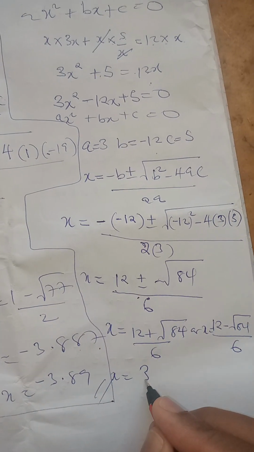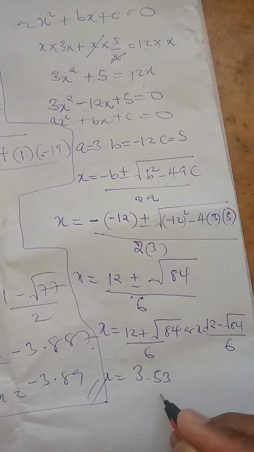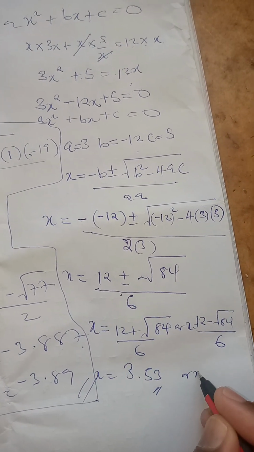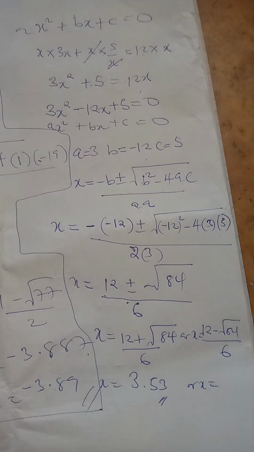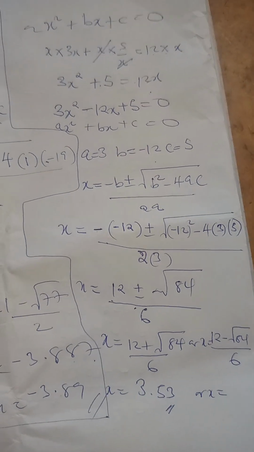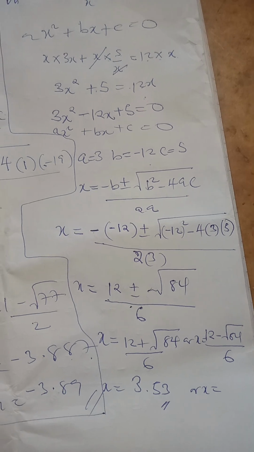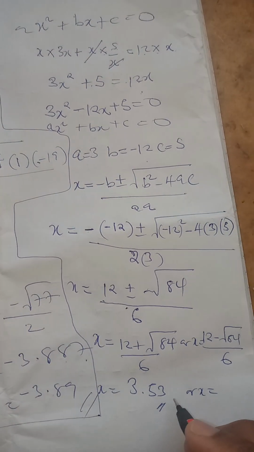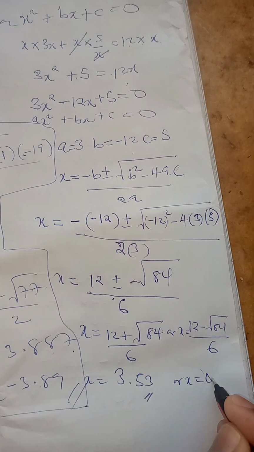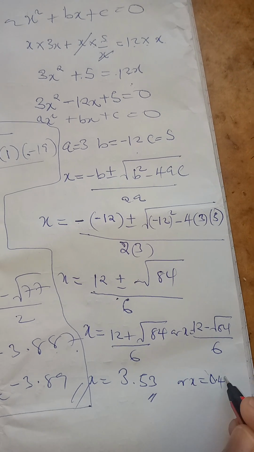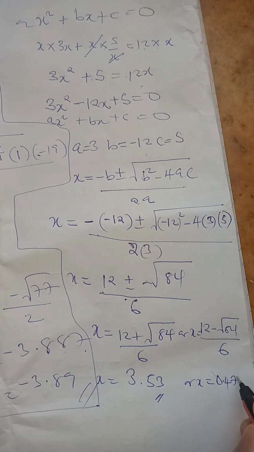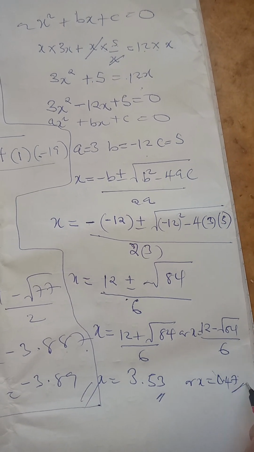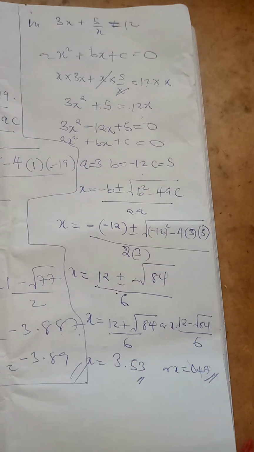It's giving 3.53. This is the first one. Then x is equal to 12 minus the root of 84 divided by 6. It's giving 0.47. So these are our two answers.